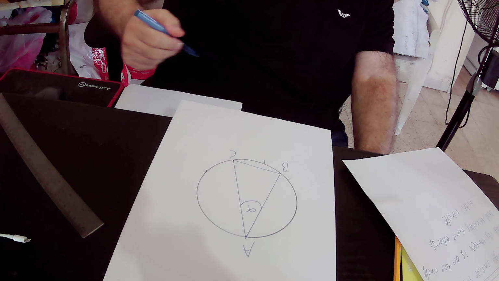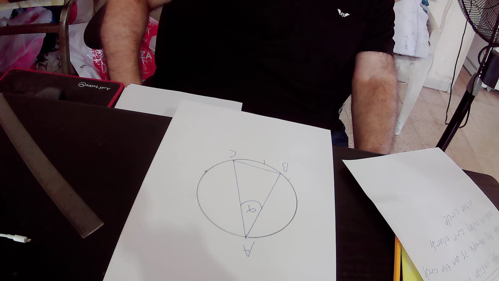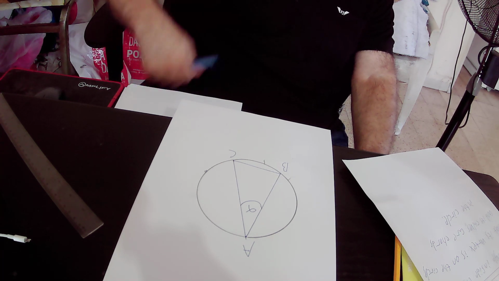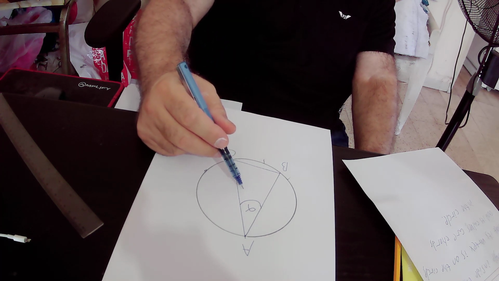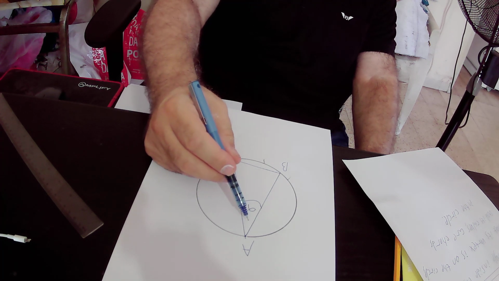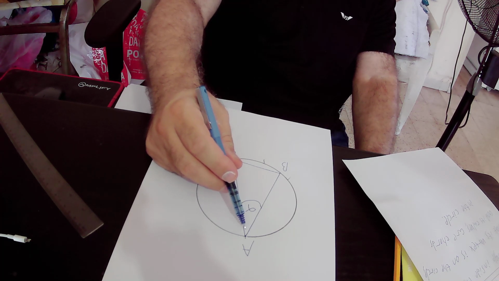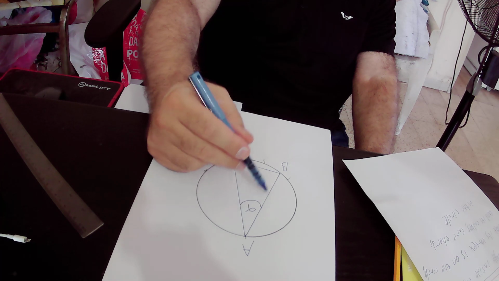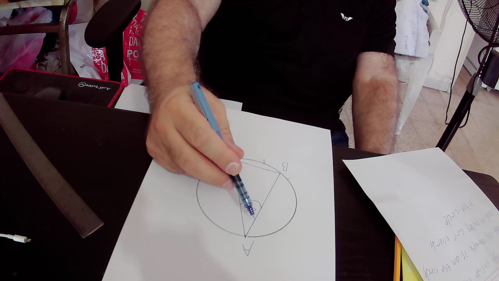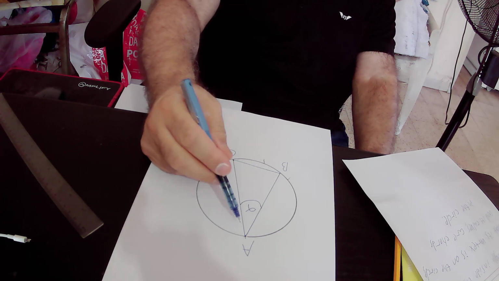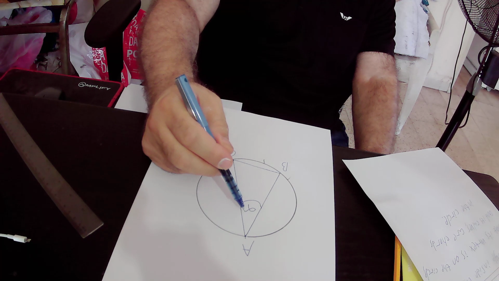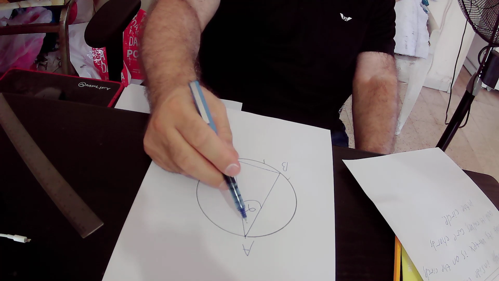Okay, again, a peripheral angle is an angle inside the circle. Angle alpha is inside the circle, and the vertex of angle alpha is at point A, and point A is a point on the circle itself, and the curve AB of angle alpha is also a chord in the circle, and curve AC of angle alpha is also a chord or string in this circle.